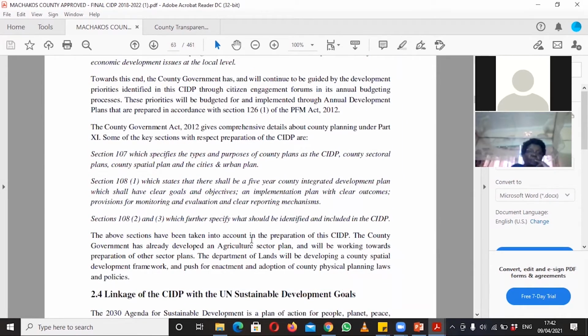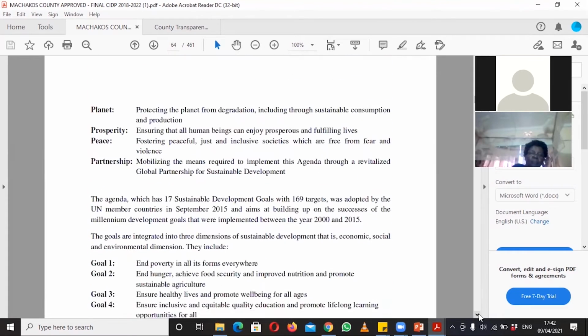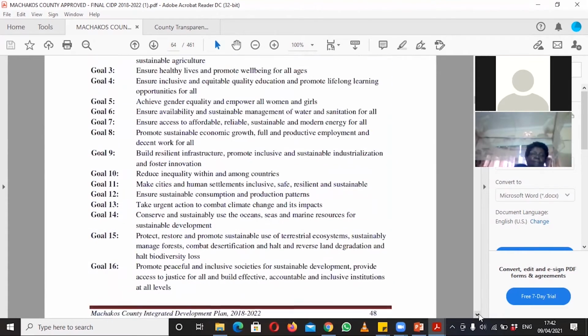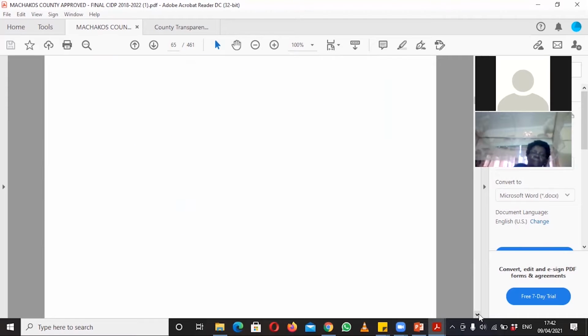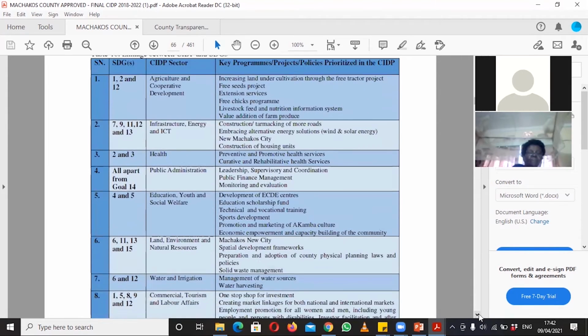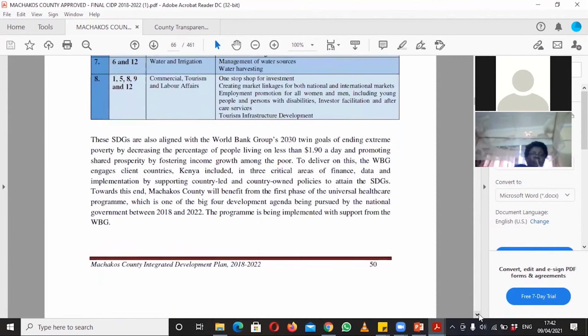There is the agricultural sector plan, and also the county special development framework. So all of them have been incorporated into the CIDP of Machakos County.